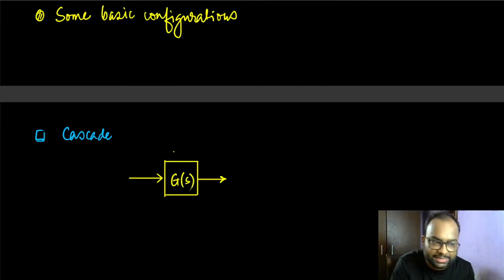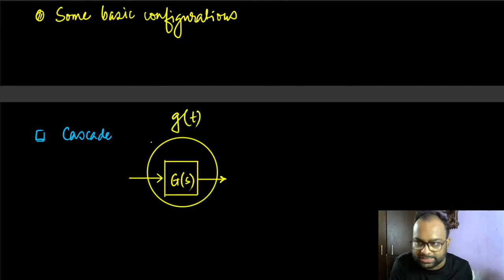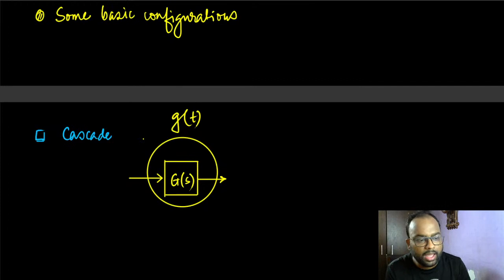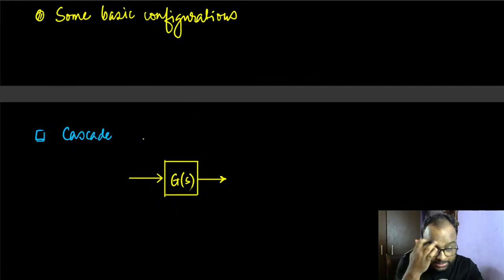Of course, that's understandable that for this system, the impulse response was expressed as g(t), and that's why the Laplace transform was written as G(s). That's a convention. And of course, the Laplace transform of the impulse response is known as the transfer function. So that is understandable, I hope.